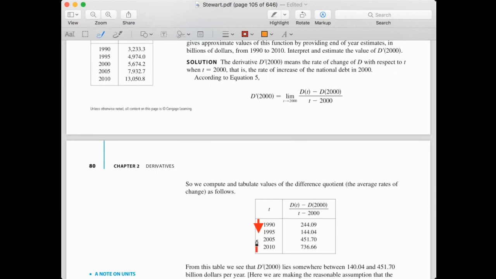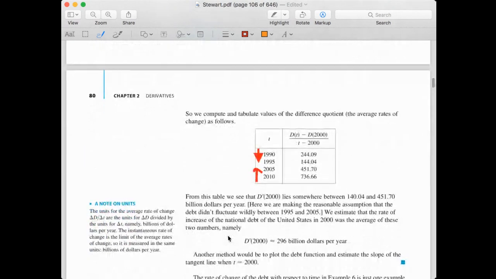Then here is coming from the right to 2000. Coming from the left, it goes from 244 to 144. Coming from the right, it goes from 736 to 451. How do we make the conclusion? The table shows D prime of 2000 lies in between about 140.04 and 451.70.